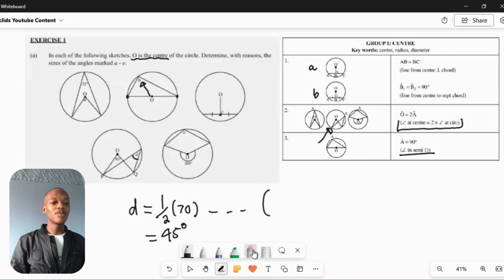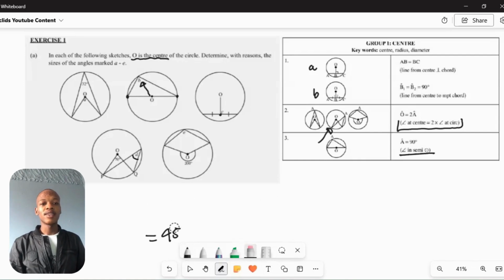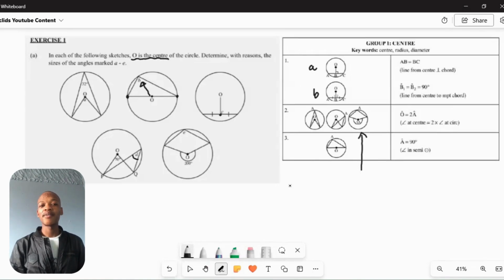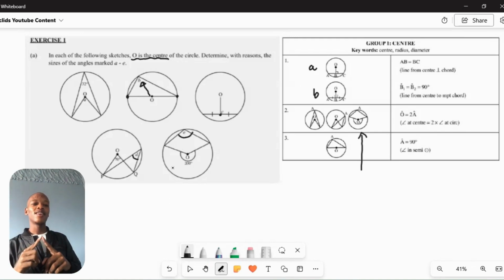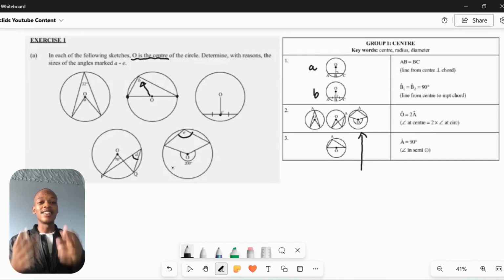And then let's move to the final one. So the final one, again, we have angular center. How did I identify that? There it is. Number 2. Angular center at this time is 200. Angular circumference, it's E. So E is the angular circumference. Just build that momentum of being able to identify or give it a name, or to give it a characteristic.